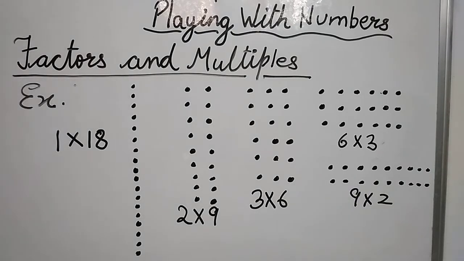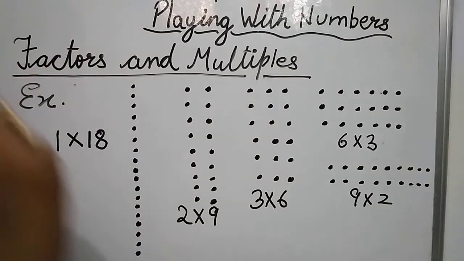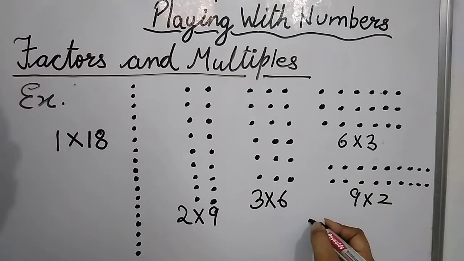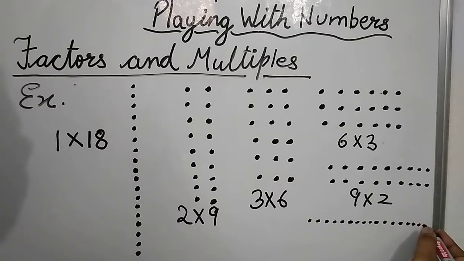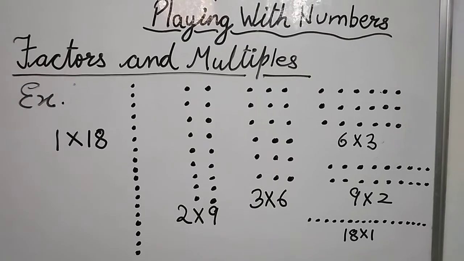Similarly, you can arrange all these 18 marbles in a single row, and this is 18 multiplied by 1: 18 marbles and number of rows 1.